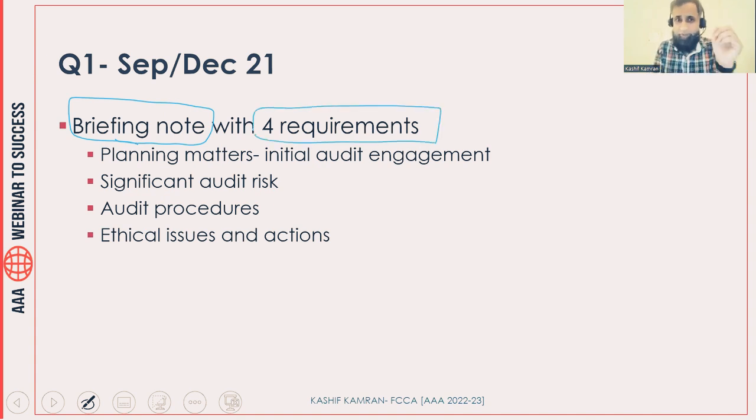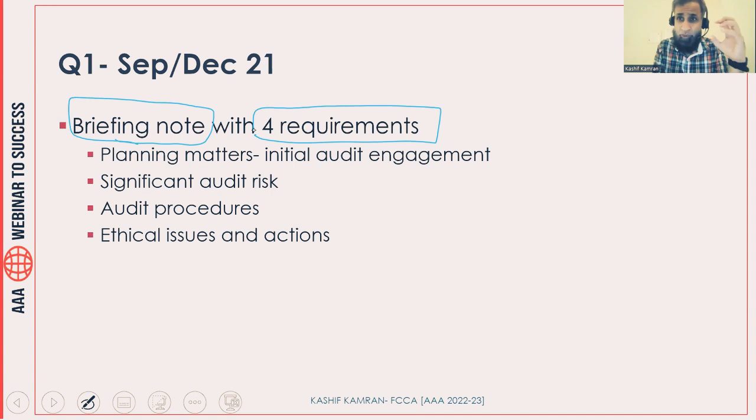The first requirement was planning matters specific to the initial audit engagement. What sort of planning matters will you be considering in the first year audit? Number 2 was to look at significant audit risk, which is to be delivered for maximum marks.